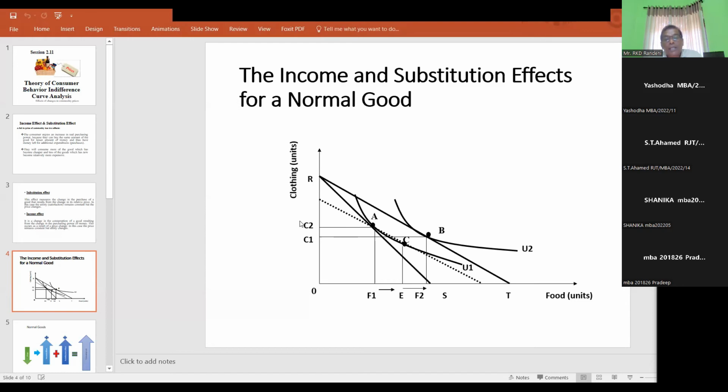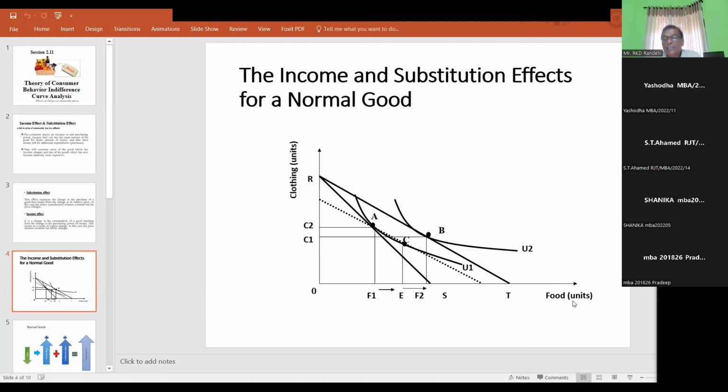Now according to this graph, before the price change, this is the budget line. RS is the budget line. Then according to indifference curve 1, that U1, this is the tangent point. Point A is the equilibrium point. The consumer can buy food units, that is F1.